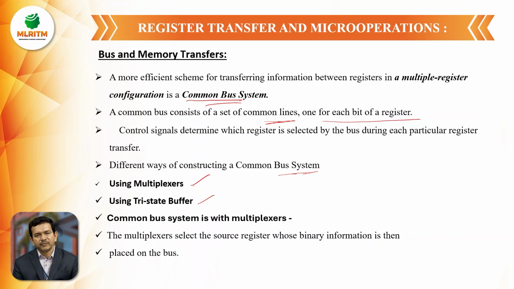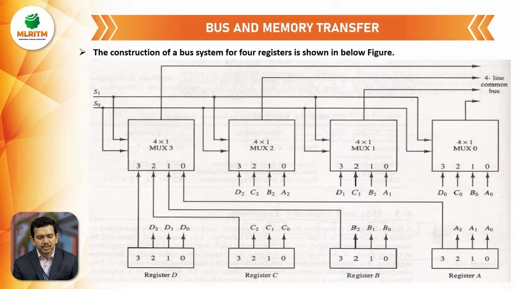The frequent and regular way of transferring data between the registers is the common bus system with multiplexers. The registers we are using here may be 4-bit registers, or 8-bit, or 16-bit registers, like that.